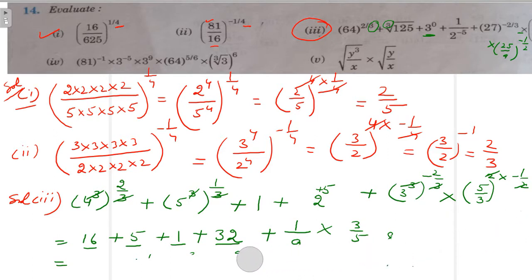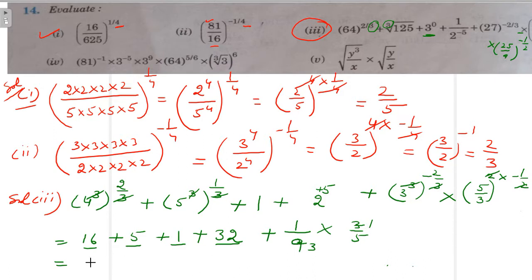So yes, this, if multiplication is there, then we will follow BODMAS rule. Multiplication we will do first. So 3 1s are 3, 3 3s are 9, right?